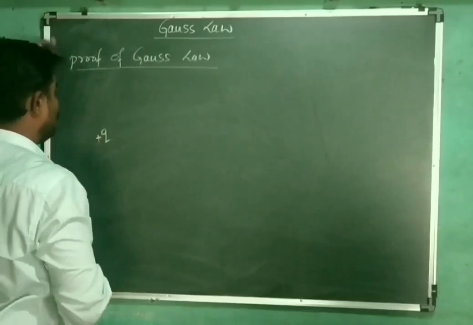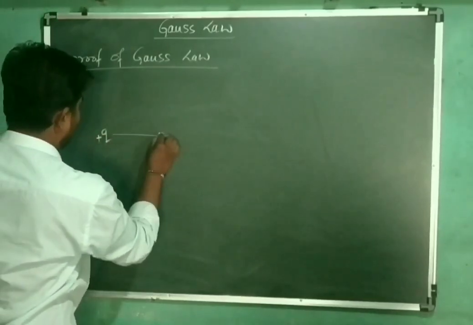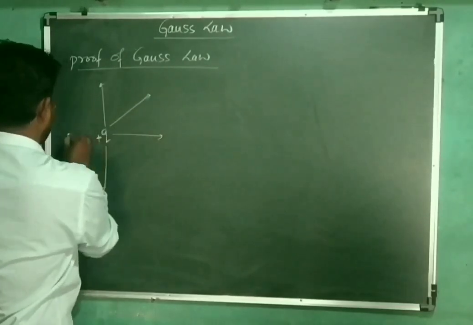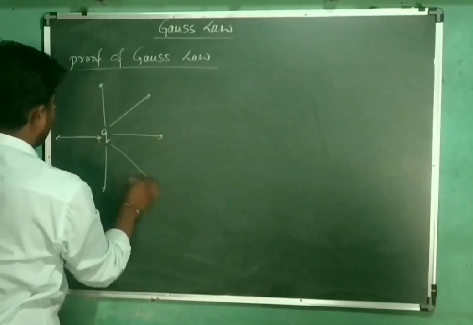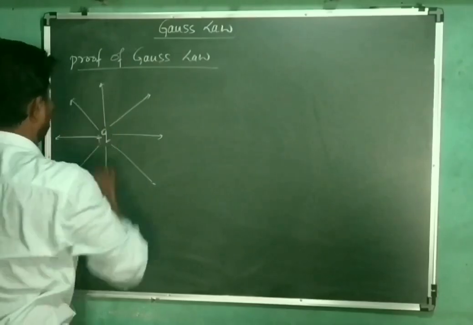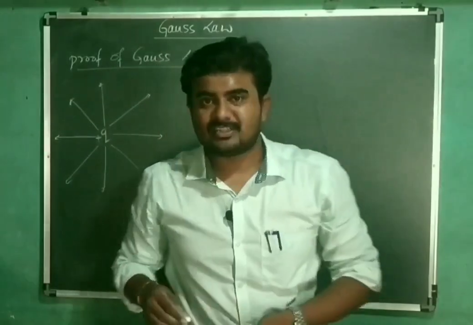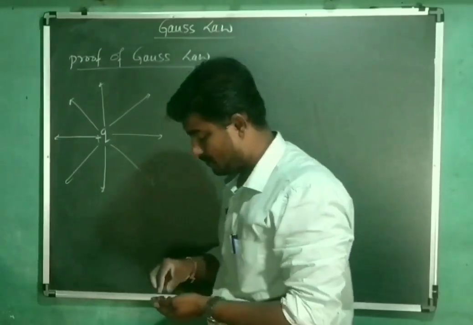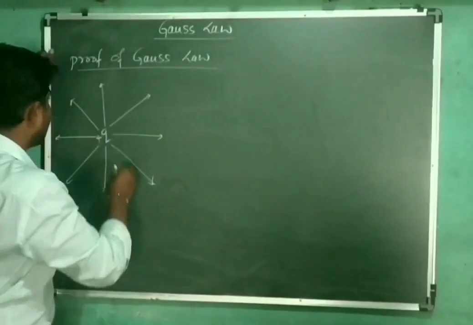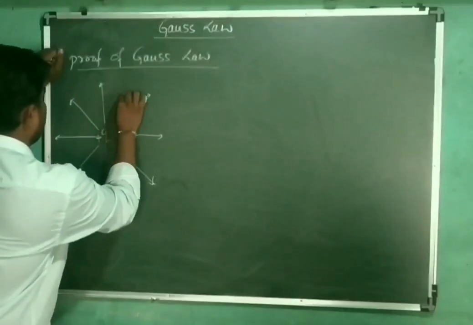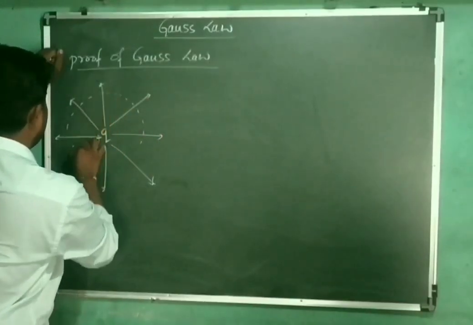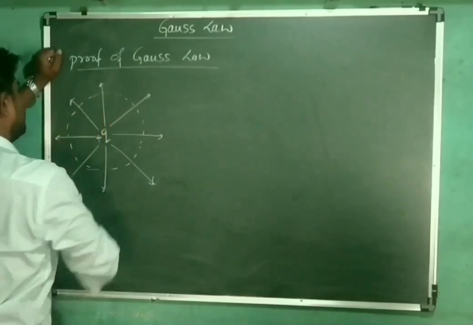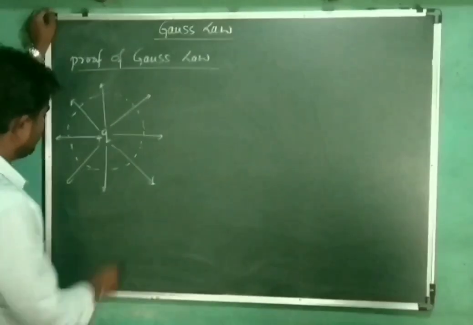If it is plus q, then the direction of electric field lines will be radially outward, like this. And for this we shall consider a Gaussian surface in the form of a sphere, so this is the Gaussian surface.